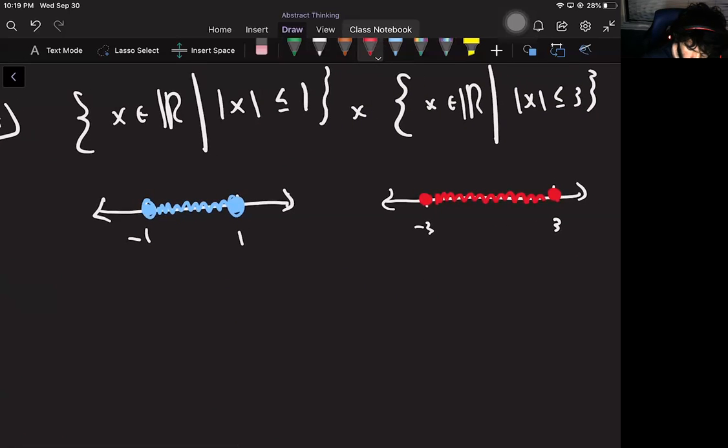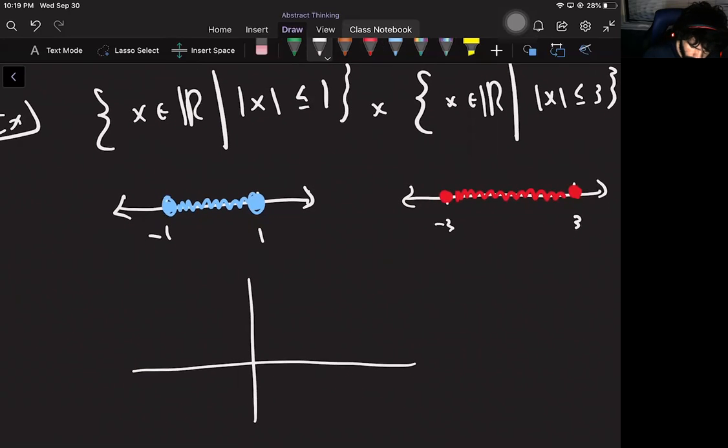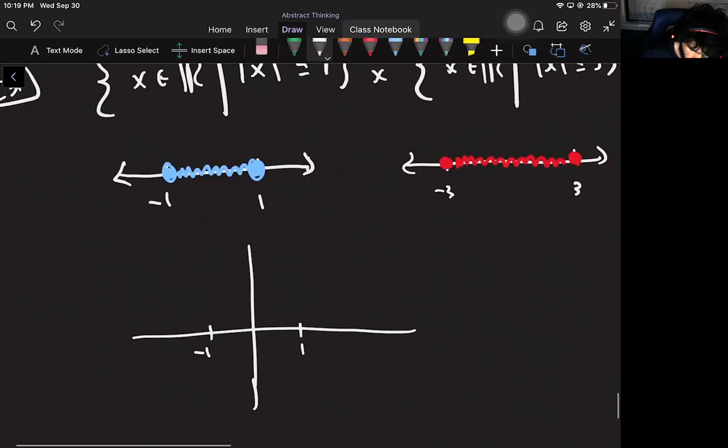So what is this? What's their product going to be? It's going to be a rectangle, which I'll describe as a set after I draw it. In R2, where the x-coordinate goes from -1 to 1, and the y-coordinate goes from -3 to 3. And maybe I can even do something like this.